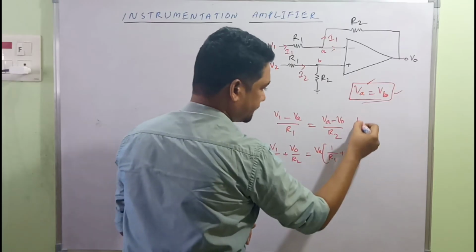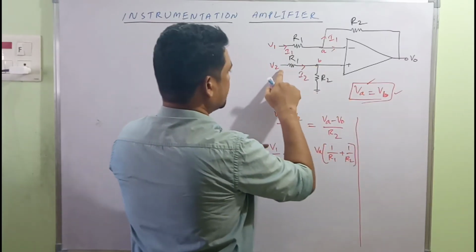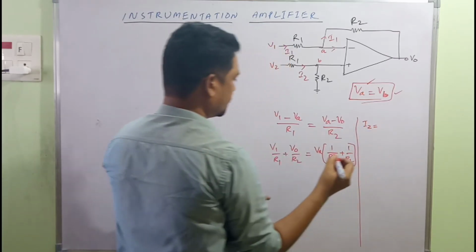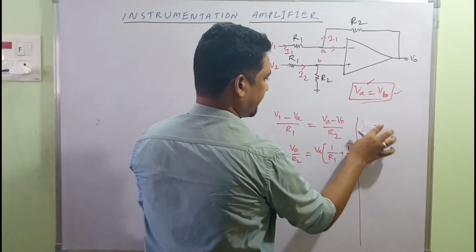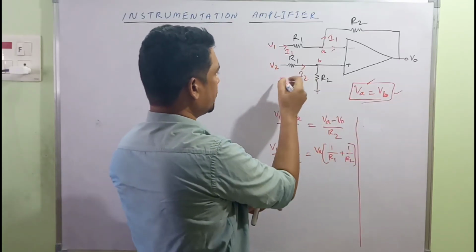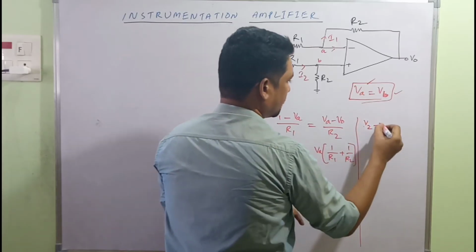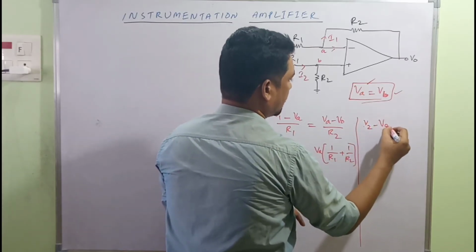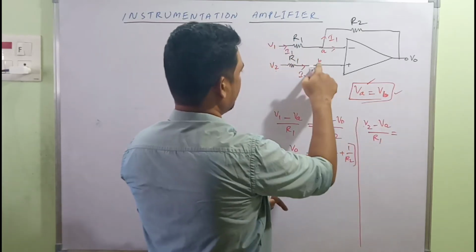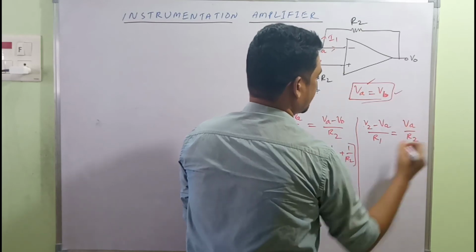On the other hand, from this one, I2 will be equal to, straight away writing that expression in terms of voltage and resistance, I2 will be equal to V2 minus VA by R1, which is equal to VA by R2.